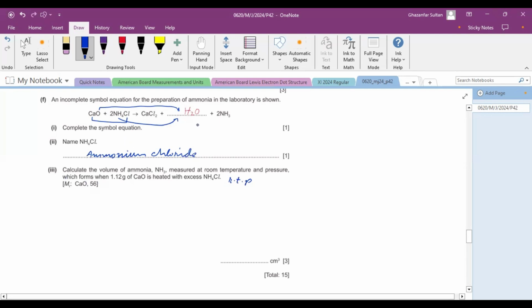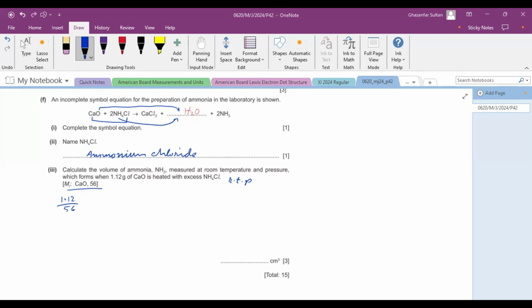So this is the balanced equation. So we use a stoichiometric method. First convert to the number of moles of calcium oxide. So how can you calculate? Mr is already given. So the number of moles can be calculated by dividing this mass by 56. So do your calculation.